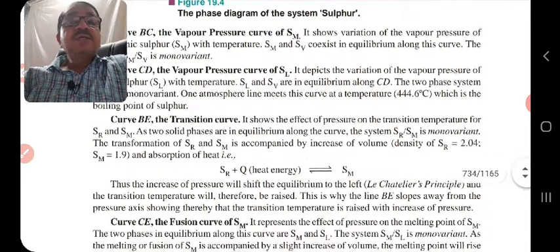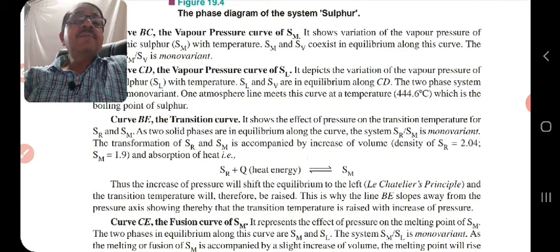Thus the increase of pressure will shift the equilibrium to the left and the transition temperature will therefore be raised. This is why the line BE slopes away from the pressure axis.